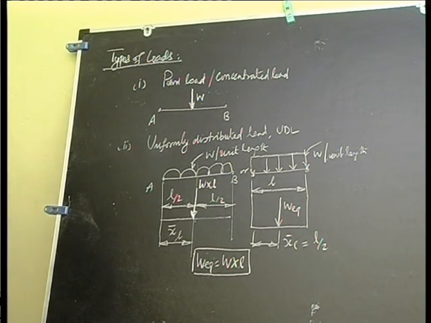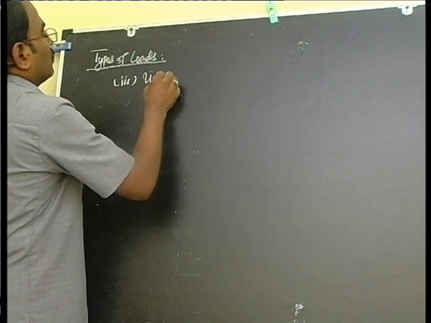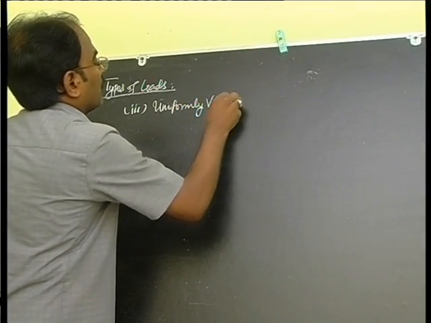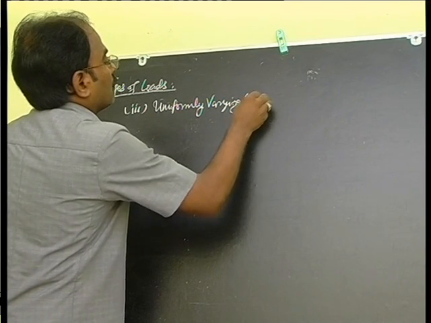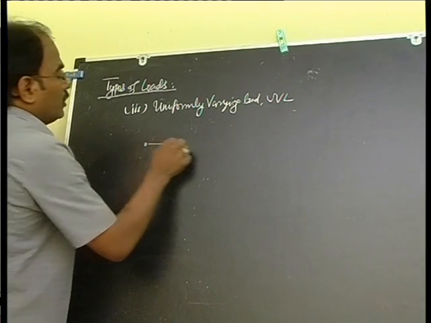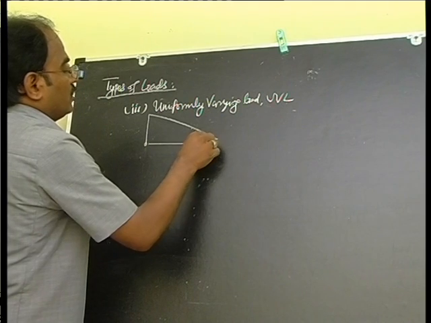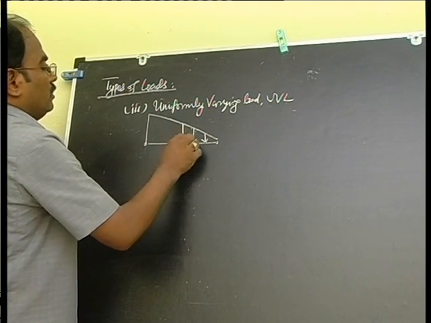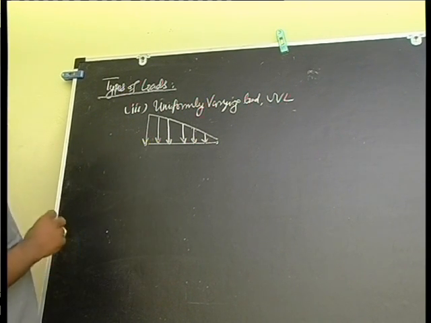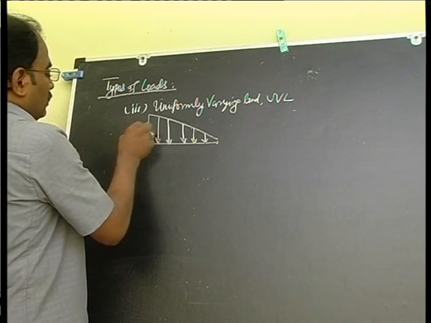Next load, uniformly varying load, UVL. So the normally uniformly varying load is like this. It varies gradually over the length. Uniformly distributed load is constant over length, but here it varies over the length.